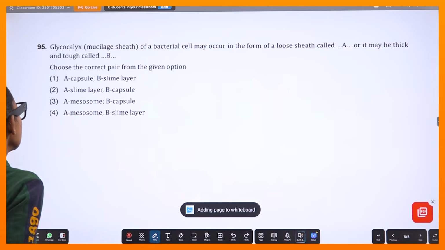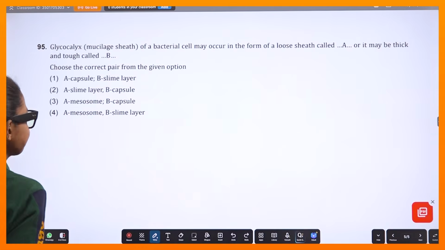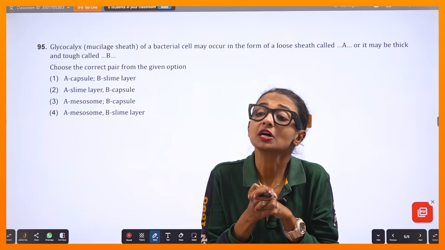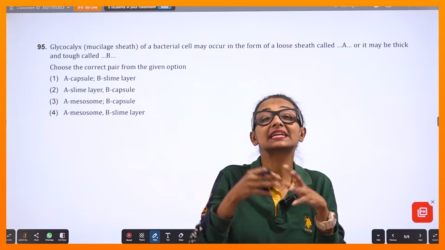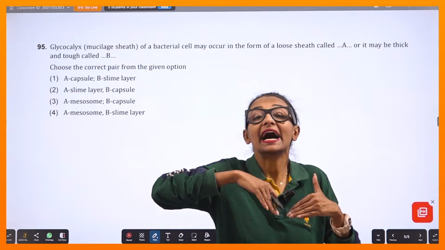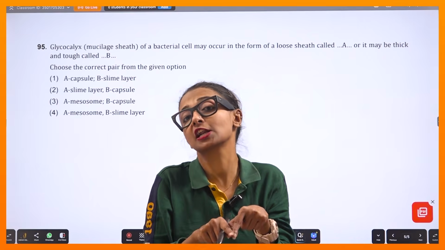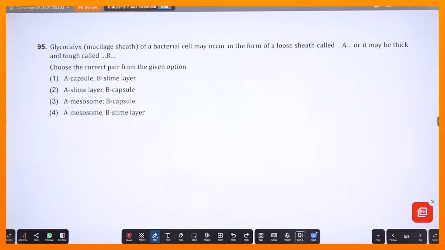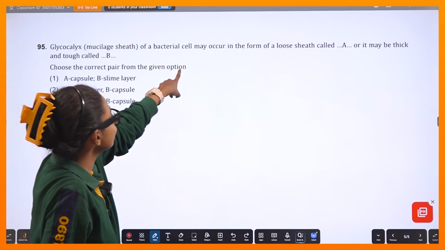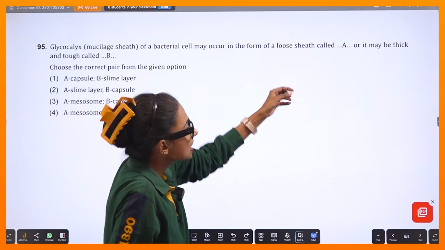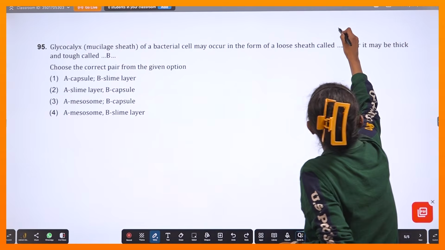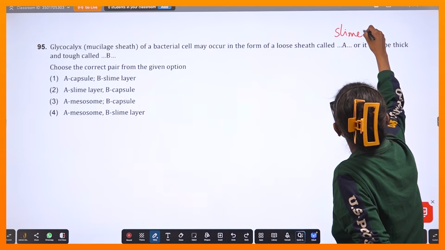Interesting. About the glycocalyx, you have understood that the glycocalyx is an additional cover around the bacterial cell. The glycocalyx of a bacterial cell may occur slimy and loose, and then you can call it a slime layer.